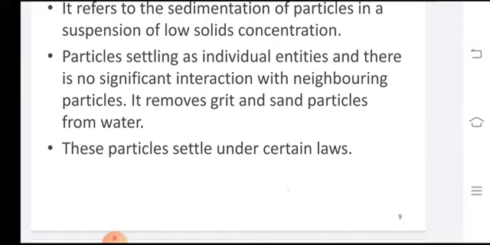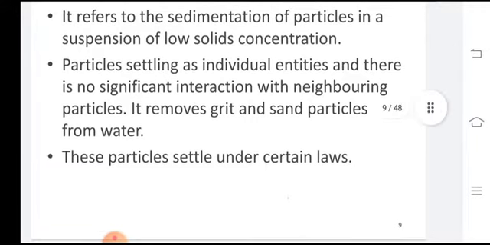So particles settle as individual entities, and there is no significant interaction with the neighboring particles. It is only possible when the concentrations are low, but with high concentrations we have other methods which will take part as well.